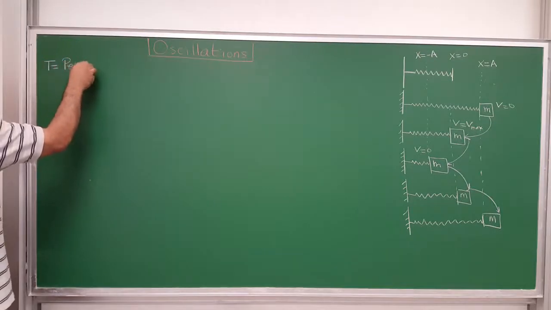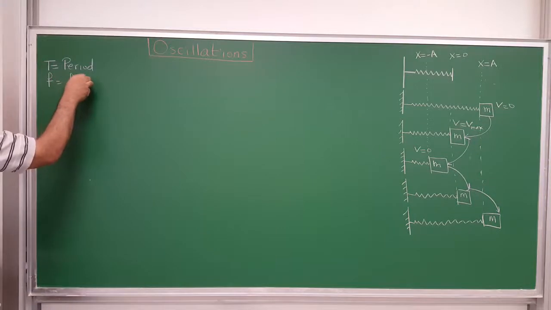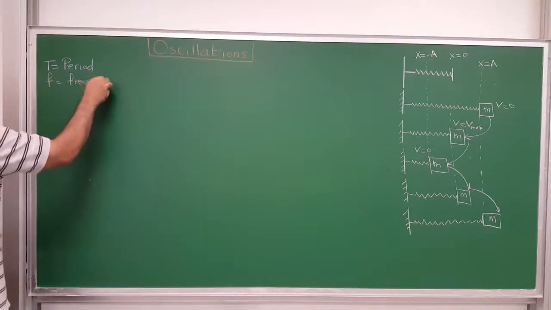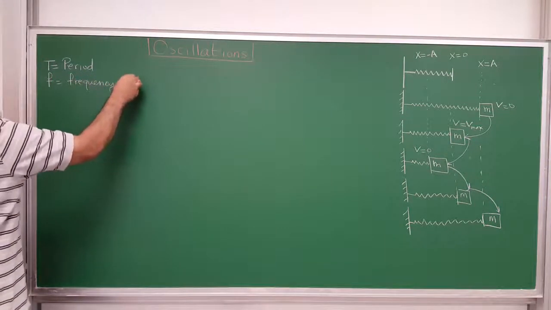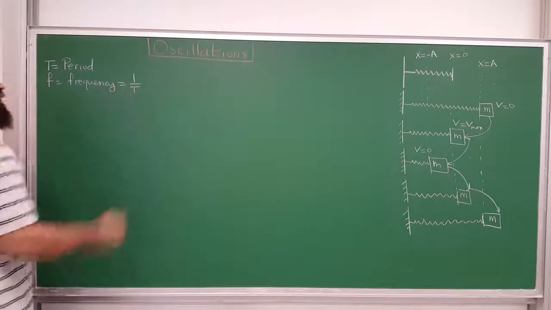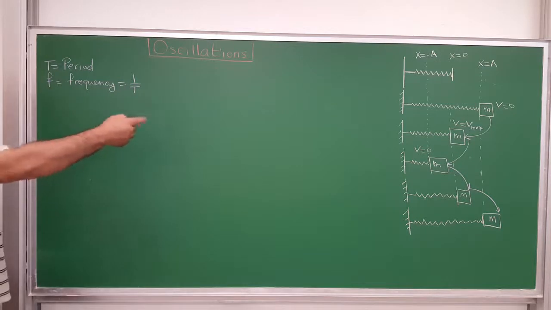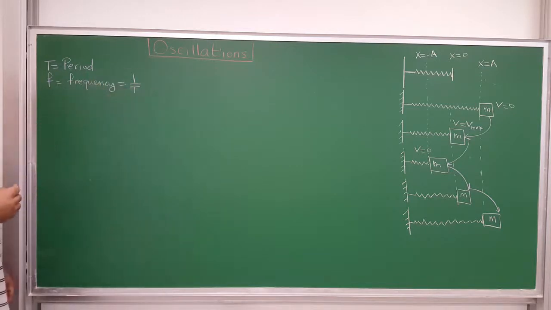And so the time, the period, is capital T. F is the frequency, and it's just 1 over the period. So the period is in seconds, frequency is 1 over seconds, or hertz. Now, in circular motion, we had angular velocity.